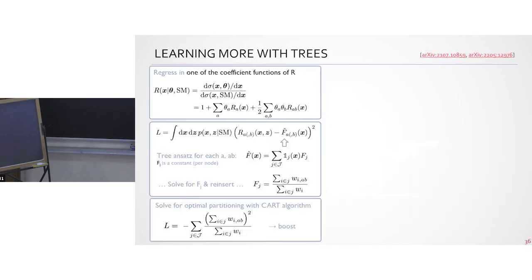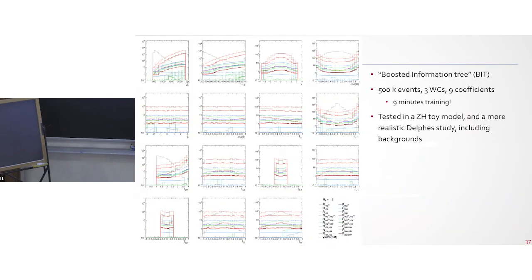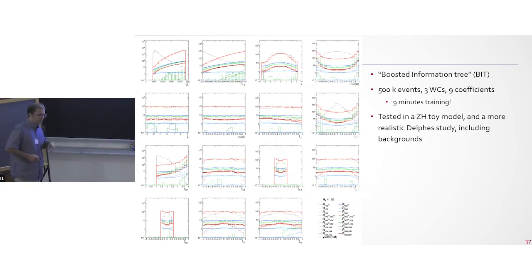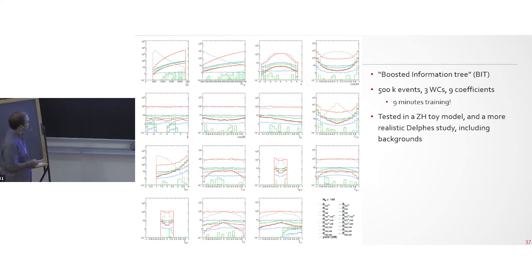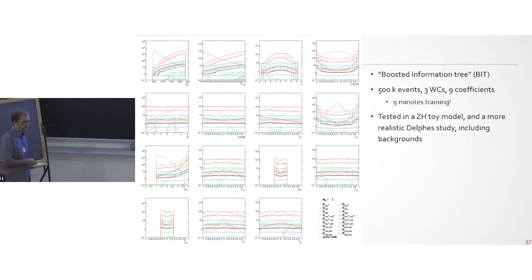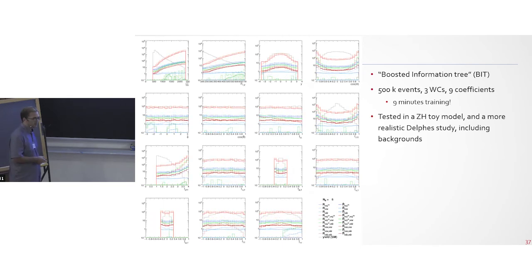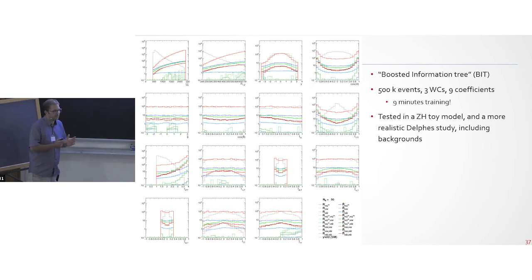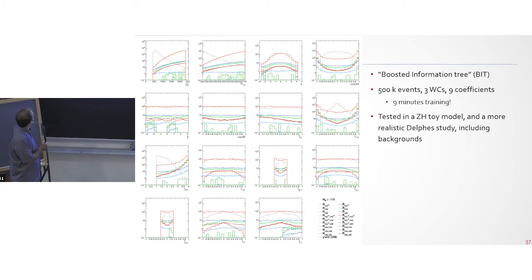What I do want to show is that this is a 3-parameter, 500,000 event study. Is the same thing as with the neural nets. That's a CH model, and here we learn 3 parameters. So we have 9 coefficients in 15 variables, and that was in 9 minutes. 9 minutes of training time is also a toy, not realistic. We have many features here.